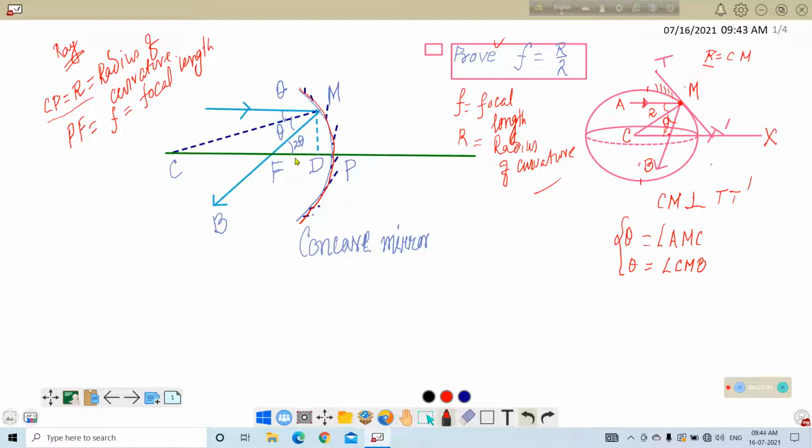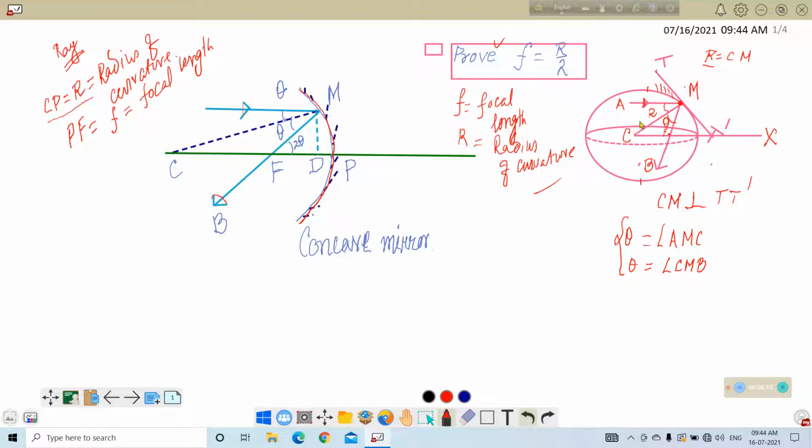Okay. Now, this light ray, particularly this light ray, is incident on the mirror at point M and reflected back from the point M along the direction as shown in the figure. So this arrow and this arrow mark indicates the direction of the light.